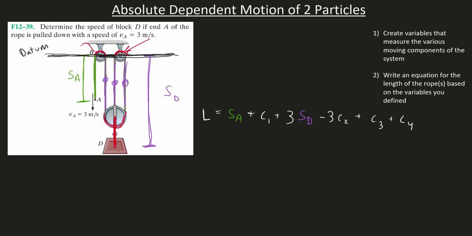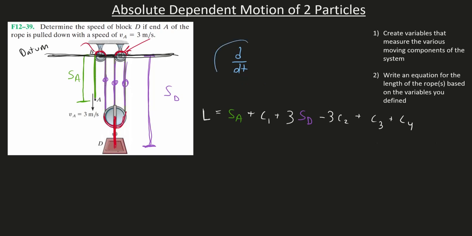And now what I'll do is I'll take the derivative with respect to time of each one of these quantities. And remember, I can do that. I can do anything I want to any equation as long as I do it to each side of the equation. So I'm going to take the derivative of the left-hand side of the equation and of the whole right-hand side of the equation, which implies that I do it to each term on the right-hand side of the equation.